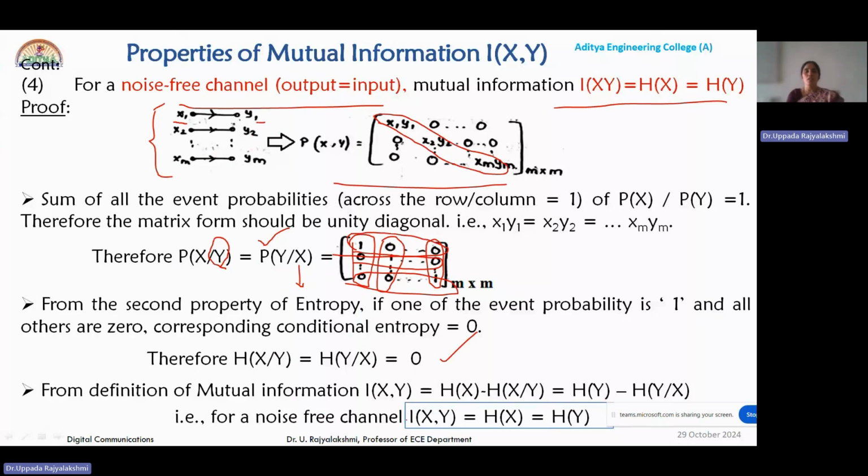Therefore, for a noise-free channel, I of xy is equal to either H of x or H of y, because H of x by y and H of y by x are 0. Therefore, for a noise-free channel where the output is exactly equal to the input, the mutual information I of xy is equal to either the marginal entropy of the transmitter or the marginal entropy of the receiver.